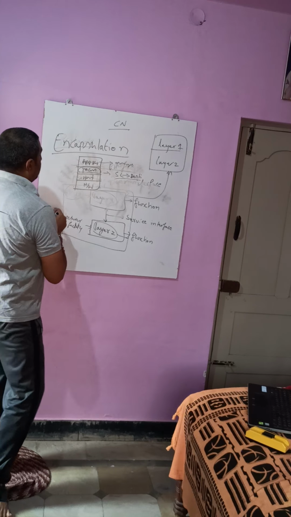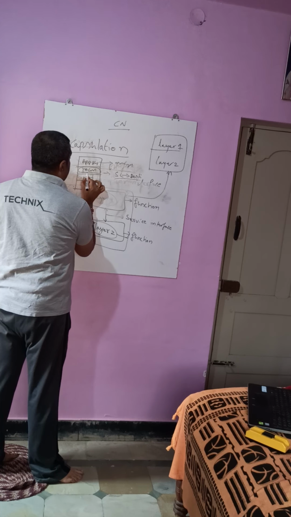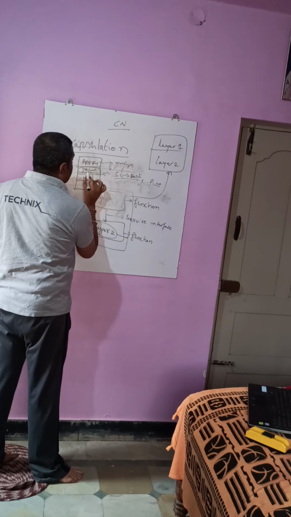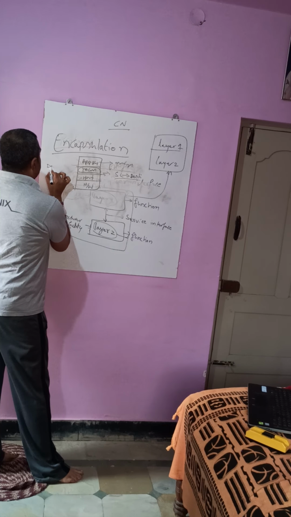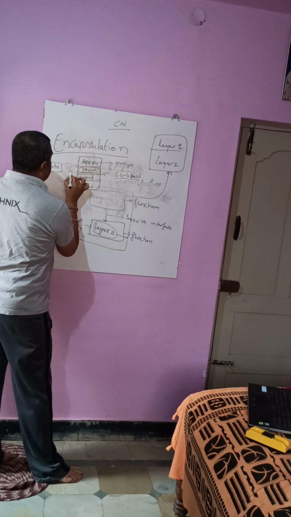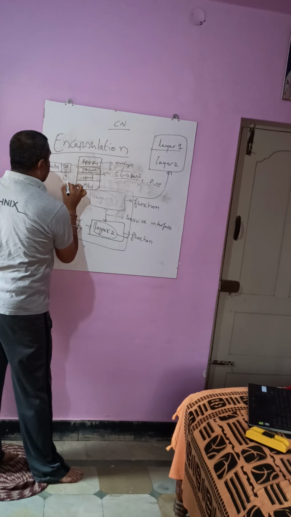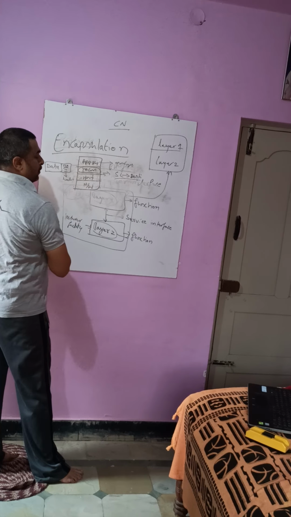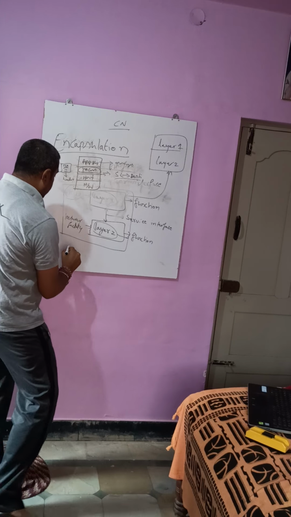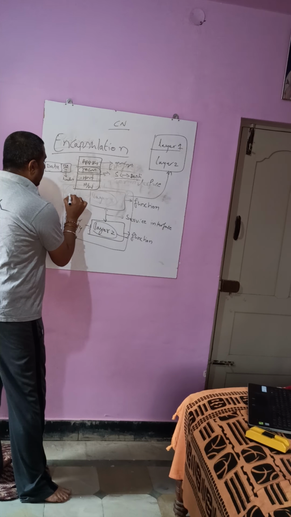Because of that, a header will be encapsulated on the packet. If data is there, the process layer will put its details onto this data, which we call a header. Right?